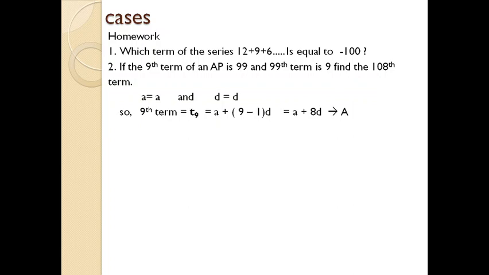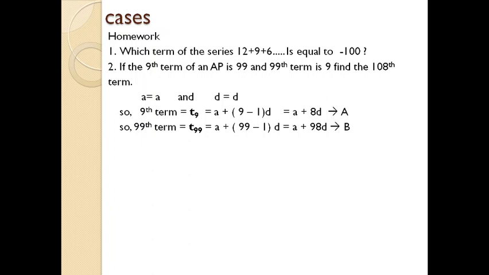Let it be equation 1. From the details given in the question, T9 is a plus 8d. Likewise, the 99th term, T subscript 99, you will get a plus 98d. Let the first, a plus 8d, be equation 1, and the second, a plus 98d, be equation 2.